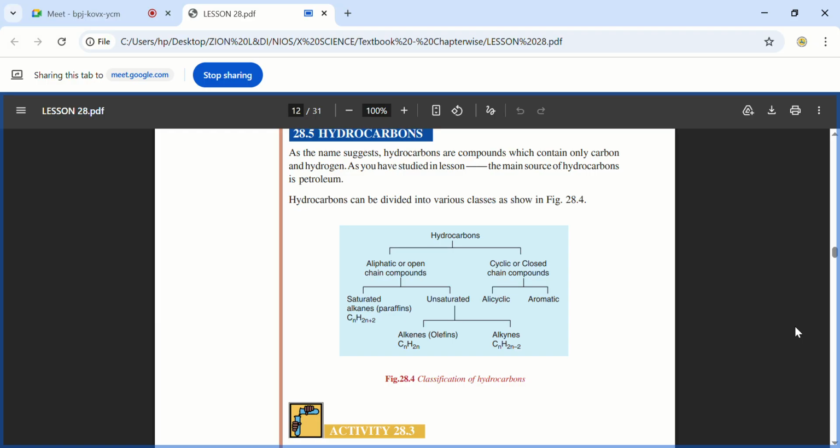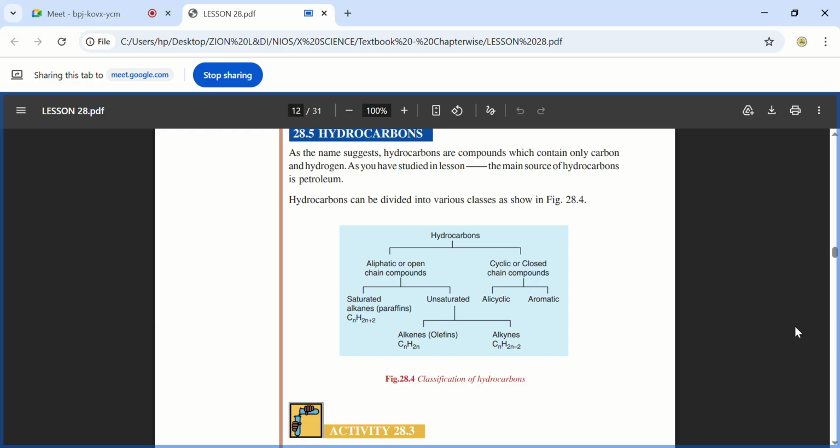Saturated means these compounds are made only by single bonds. Do you remember we learned in lesson number 7 the covalent bond? Under this we learned three bonds: single bond, double bond, triple bond. That single bond is used in making the saturated compounds. So under the saturated you have only one class, that is called alkanes.